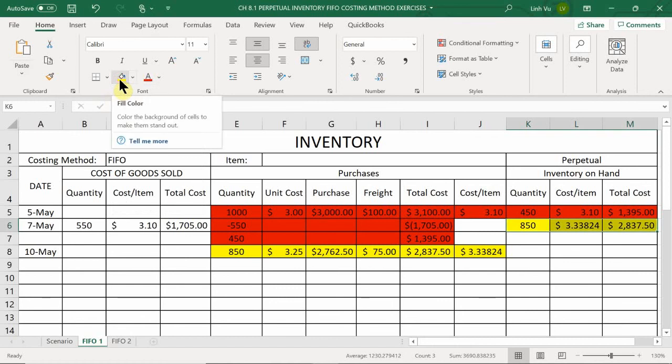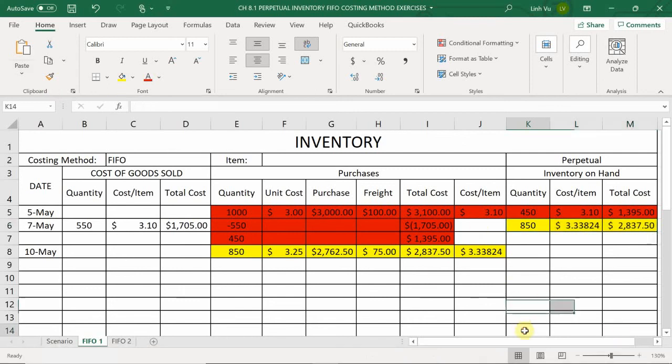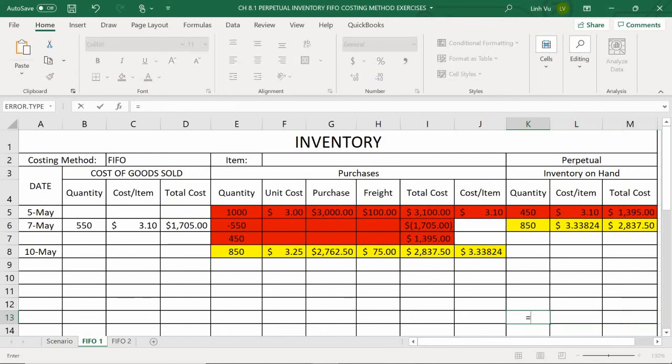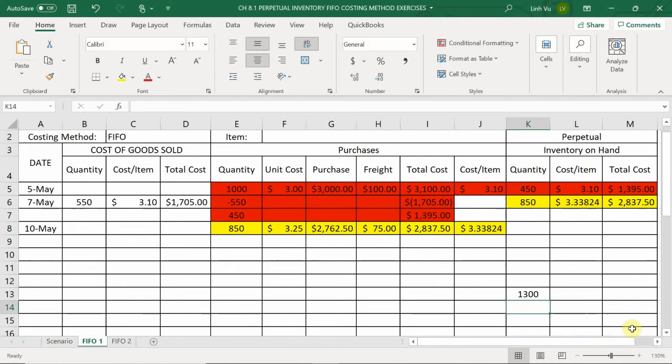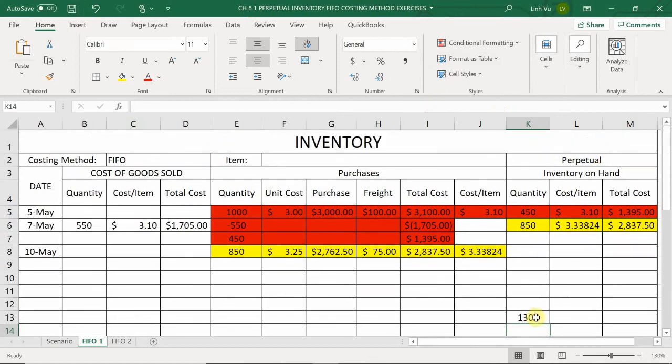Now, because we have these numbers here, what you can also do is down below, I can dedicate this whole row to be my goods available. I'm not going to do colors here, but I'm going to equal sum this. So every time I have purchases of inventory and I place it in here, it's going to give me a total across.